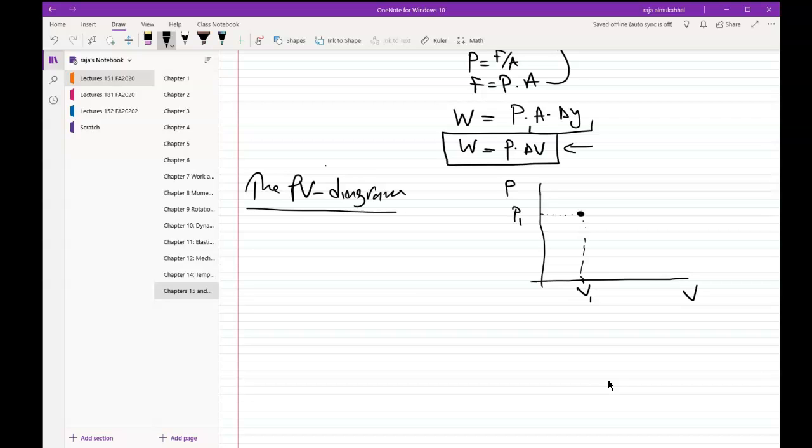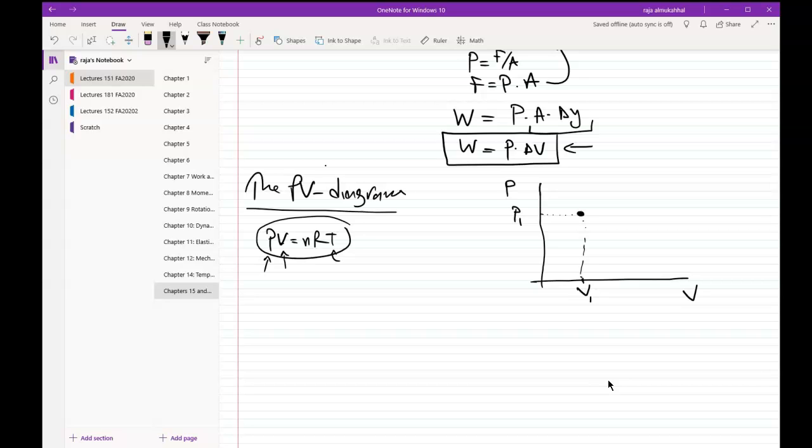You see what I'm saying? The diagram doesn't give you the temperature. However, you can obtain it from PV equals nRT. If you know V and you know P, you will automatically know what T is. So the diagram doesn't give you information about the temperature, but you can always find it using the ideal gas law. Get that?